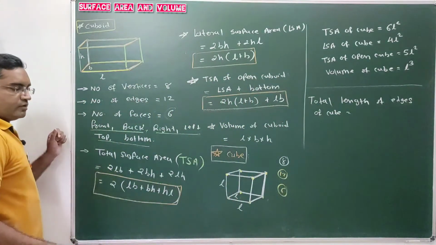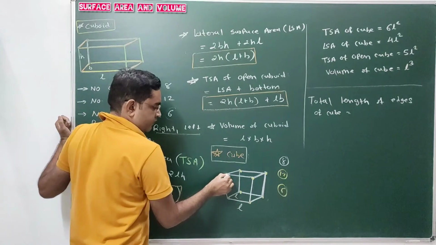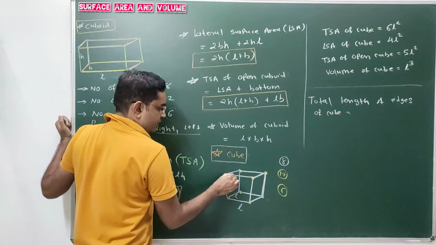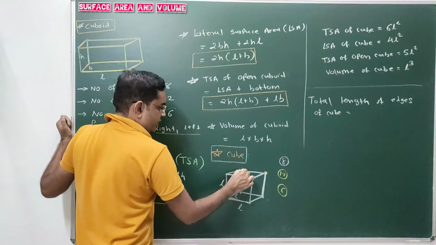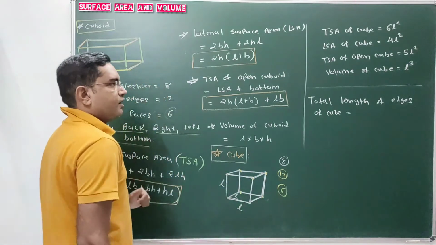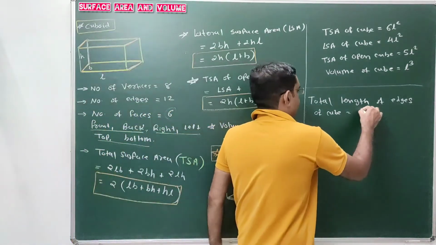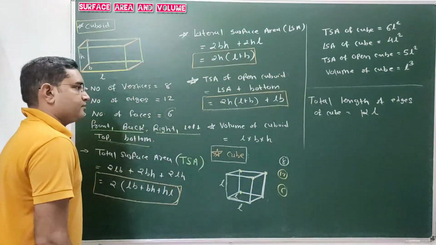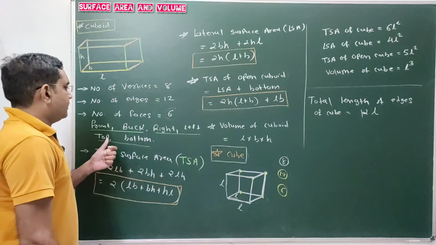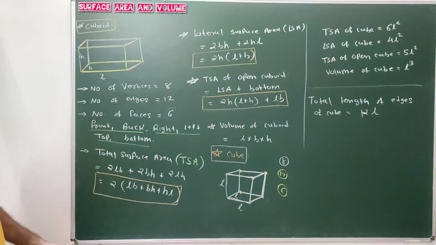Suppose we have to stick cello tape on these edges, what is the total length of cello tape required? We have to stick the tape on all the edges. Total 12 edges are there. So total length of edges of cube is 12 into L. Done.